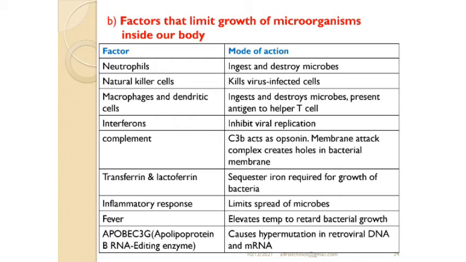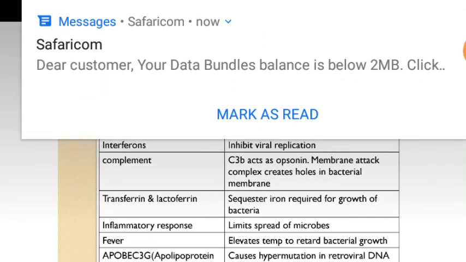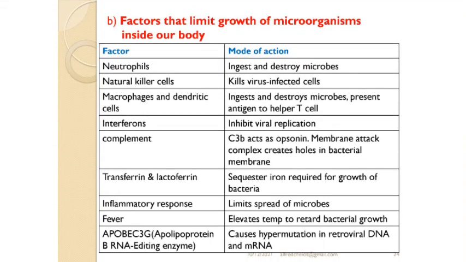The next factor is natural killer cells. These kill virally infected cells. Then next we have macrophages and dendritic cells. These ingest and destroy microbes, and they also act as antigen presenting cells. Then we have interferons. These inhibit viral replication.